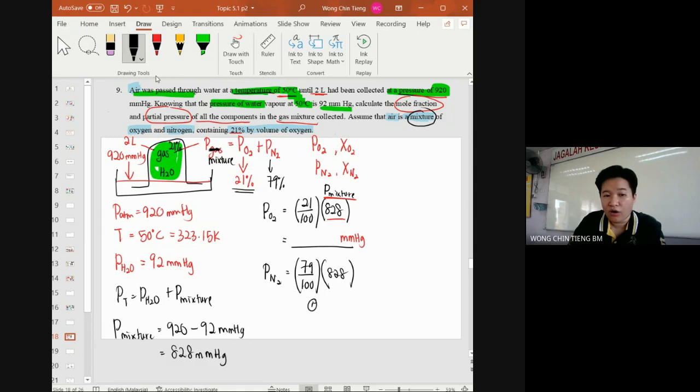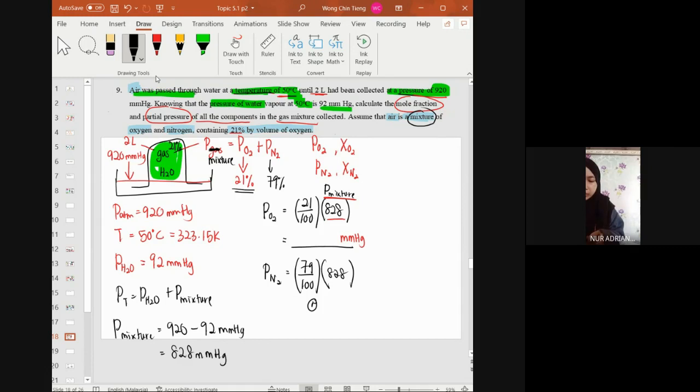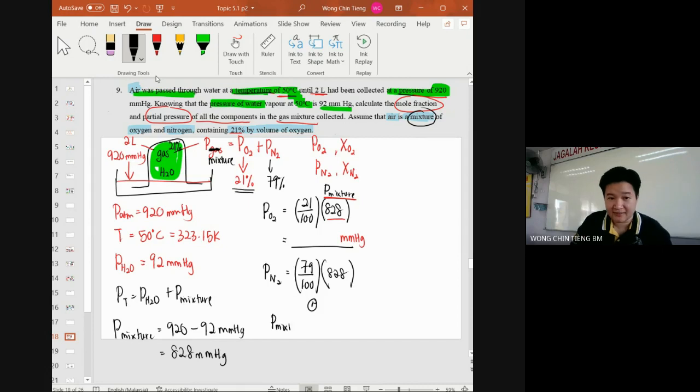Or, how can I calculate? No, wait, hang on. Hang on. Mimi? Ada cara lain nak kira? Pressure of gas sama dengan pressure of oxygen plus pressure of nitrogen. We know that the mixture or the gas is equals to the oxygen plus the nitrogen. And the gas mixture that we have is 828 millimeter mercury. Oxygen kamu dah ada, kamu dah kira, you have the oxygen.